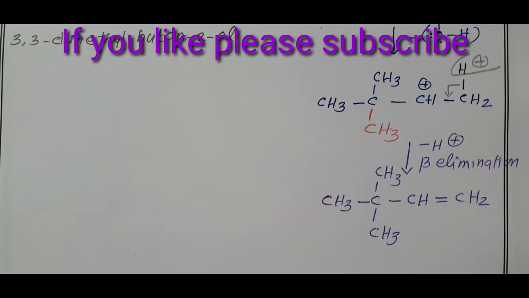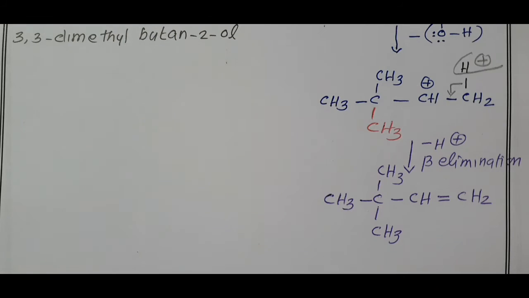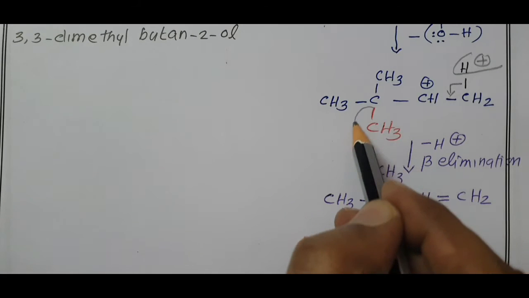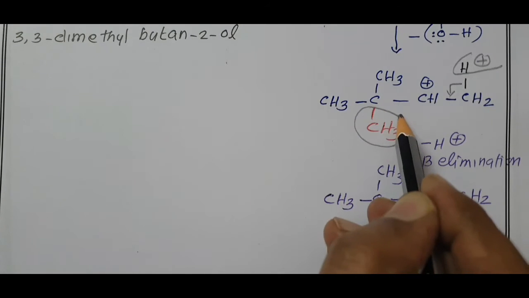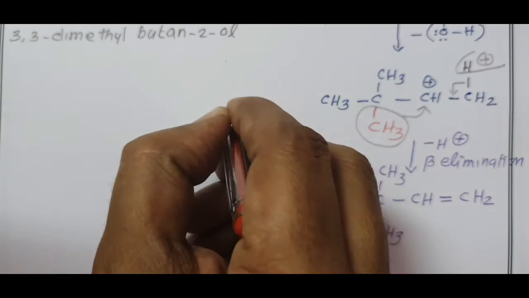Now, one more step we have in this place. A methyl from this beta carbon shifted along with the bond to the positively charged carbon atom. So what happens here? Methyl shift.